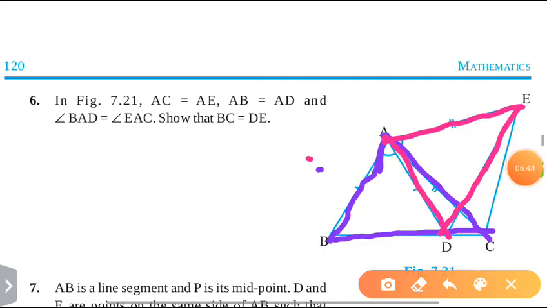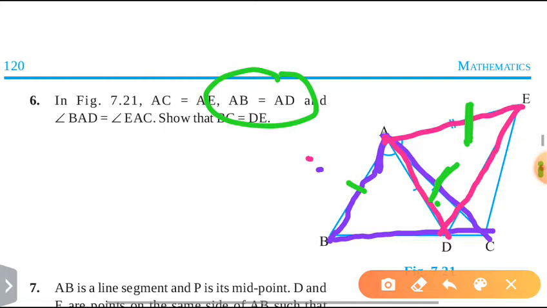So you can see that in these two triangles AC, that means this side, is equal to AE. The one violet side is equal to the one pink side. And similarly AB is equal to AD. AB, the one violet side, is equal to AD, the one pink side.